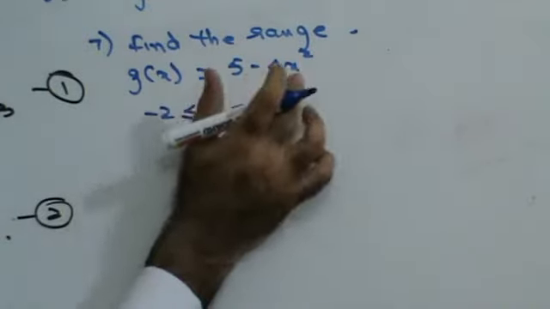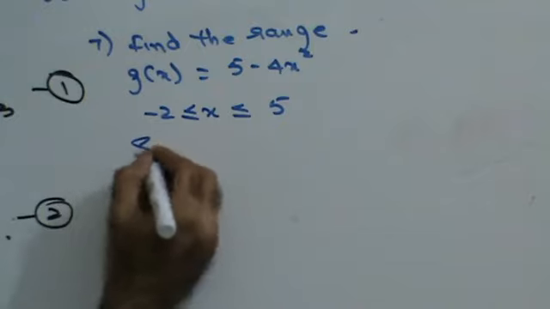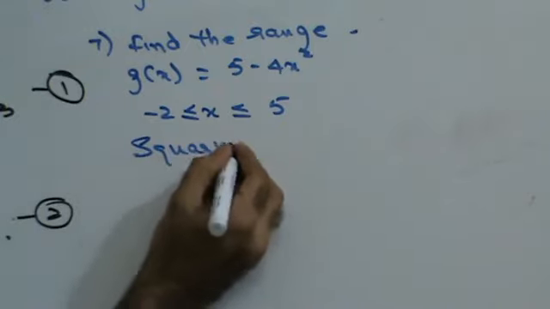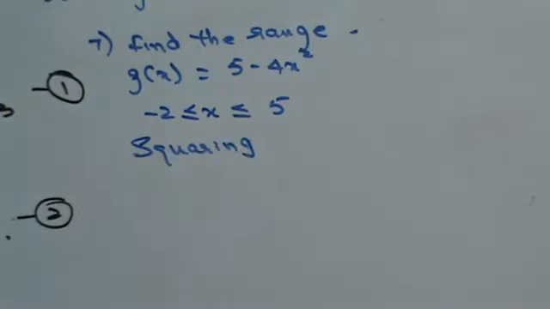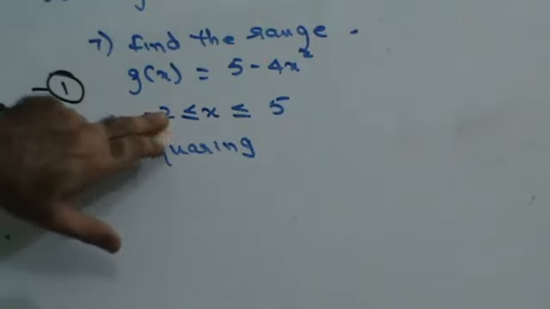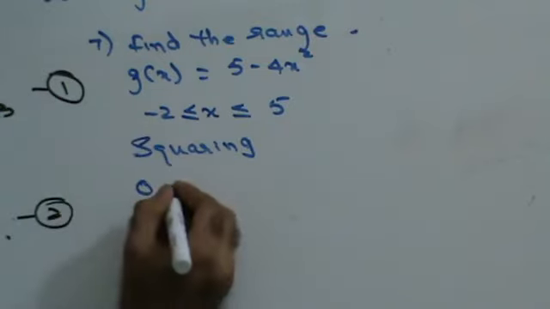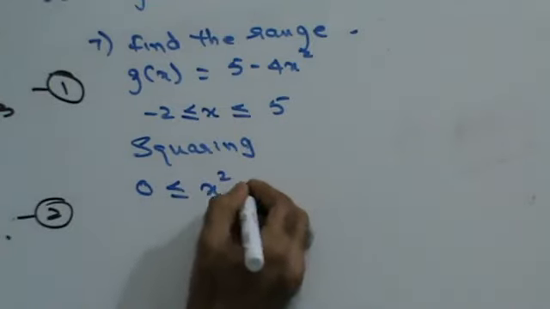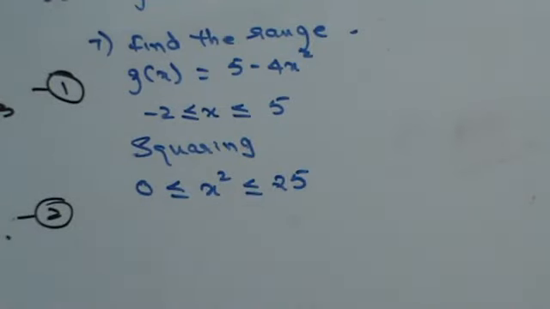I want 5 minus 4x square. To get x square, I will say squaring. Now when I square, guys, you have to remember this, that when you are finding the range, square of a negative number is 0. So minus 2 square will be 0, is less than x square, is less than 25.